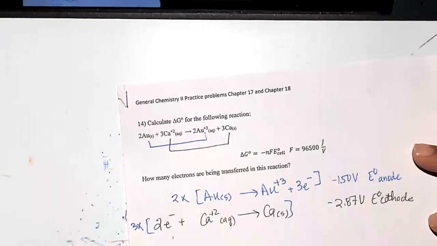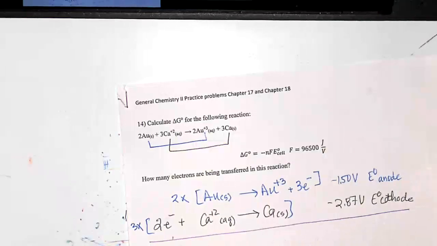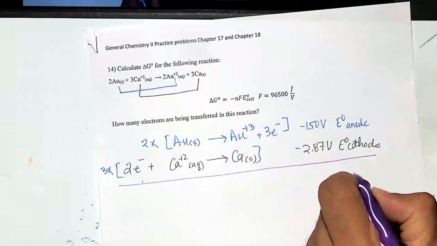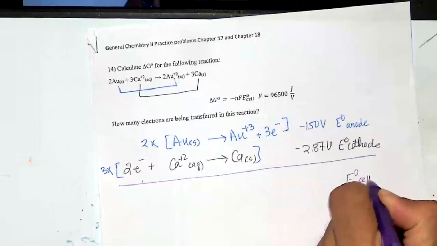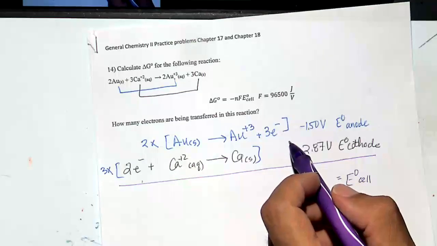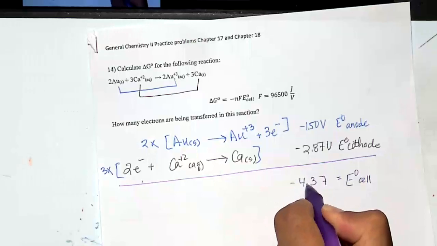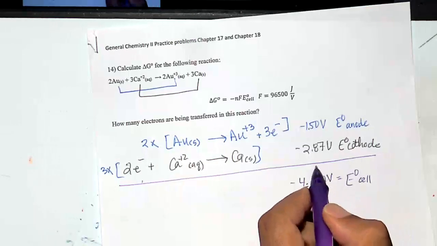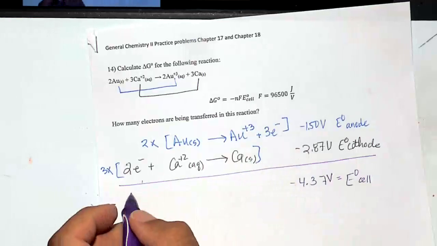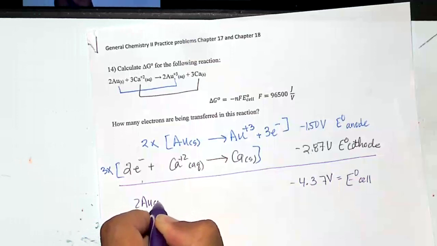Okay. So negative 1.50 plus a negative 2.87. This is negative 4.37 volts. Crazy. Okay, it's negative 4 volts. And this is a 6 electron transfer reaction.